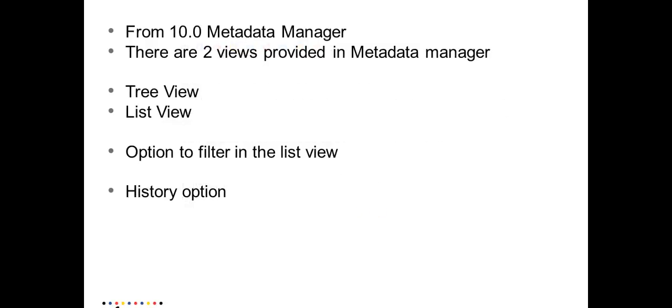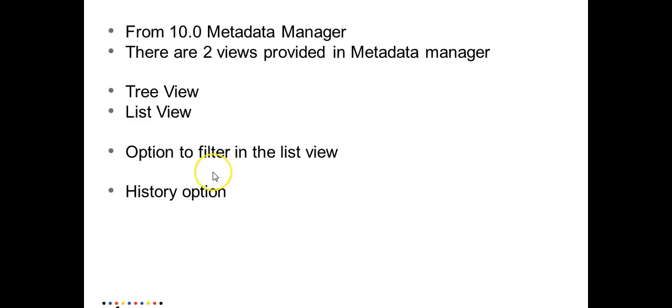Compared to the previous version, in 10.0 Metadata Manager has seen a great change in the way we view the data in the catalog UI. The two views provided in Metadata Manager are the tree view and the list view.